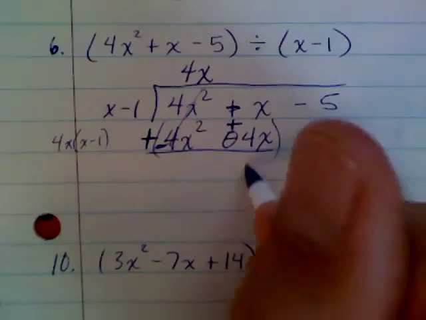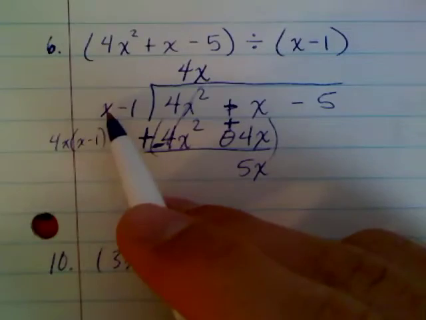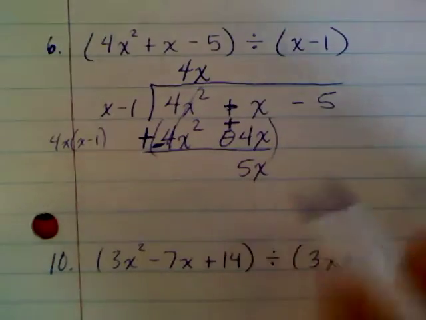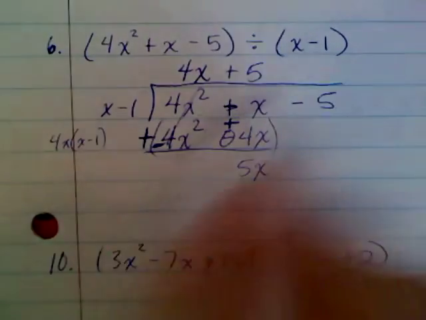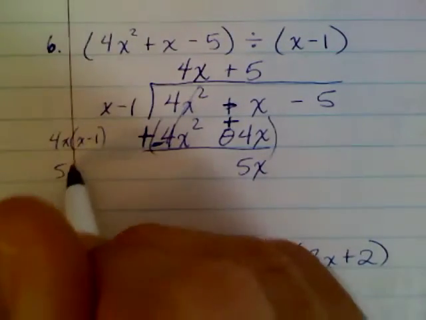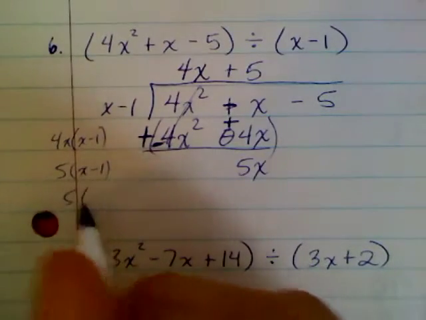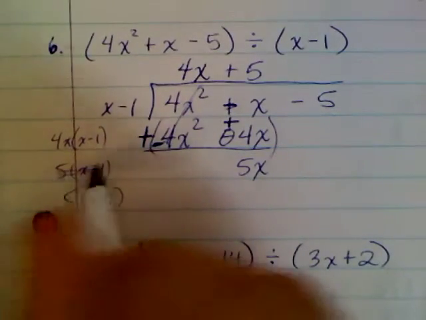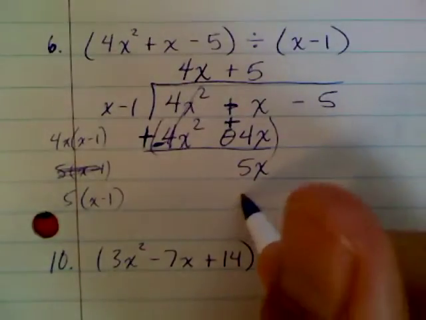X plus 4x is 5x. Now you got to think x goes into 5x 5 times. And then you distribute the 5 times the x minus 1. And you write that, in the next line, 5 times x minus 1.